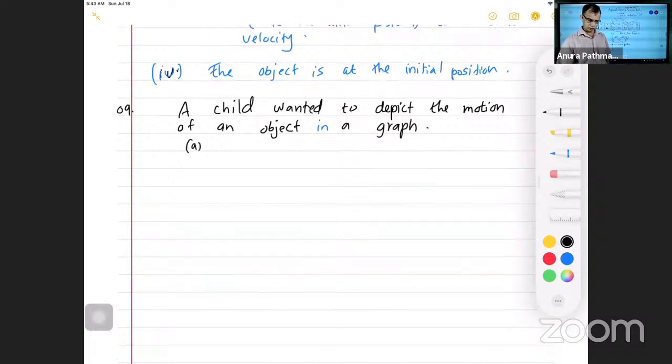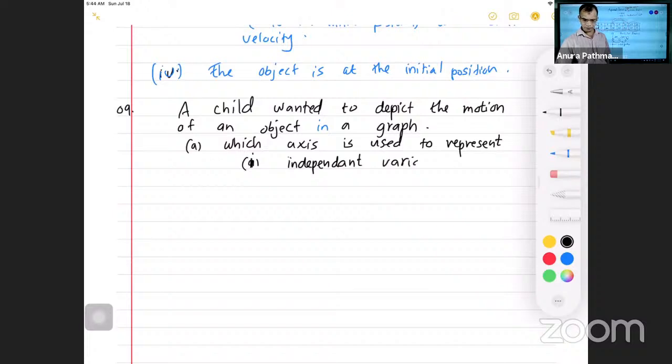Simple A. Which axis is used to represent the independent variable to the dependent variable?